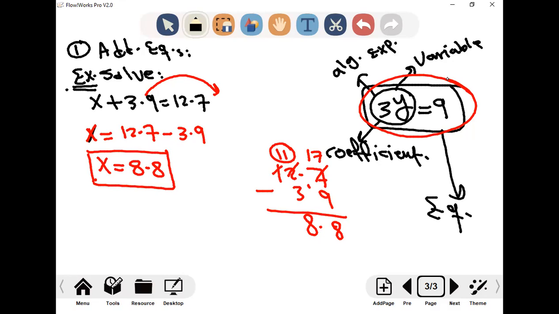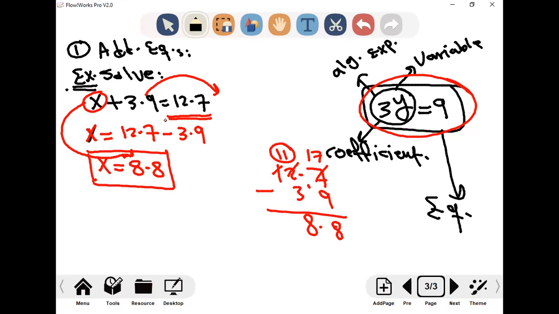That is, if I ask you, what is the number that if you add 3.9 to it, the answer will be 12.7, which is x here, it will be 8.8. It means if you replace x by this number, 8.8 plus 3.9, the answer should be 12.7. But do we have another number that if you add 3.9, the answer is 12.7? No. So this is a unique solution.